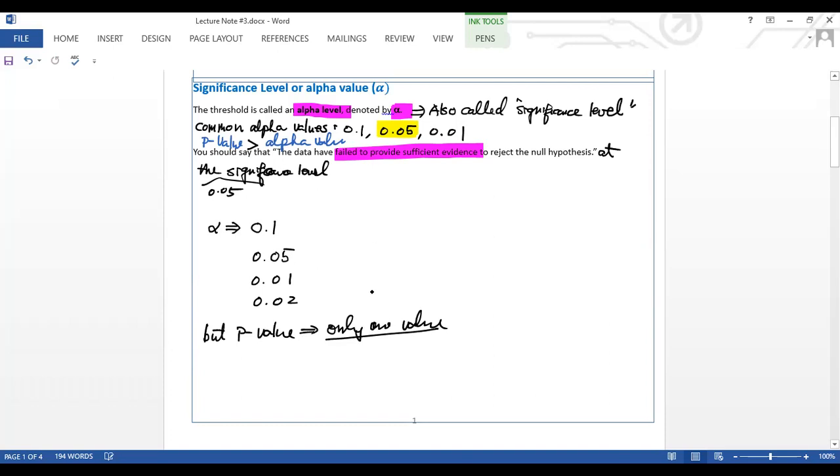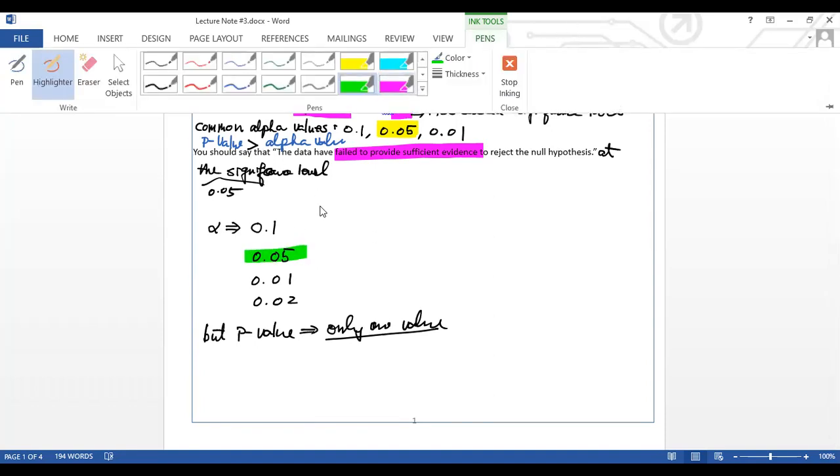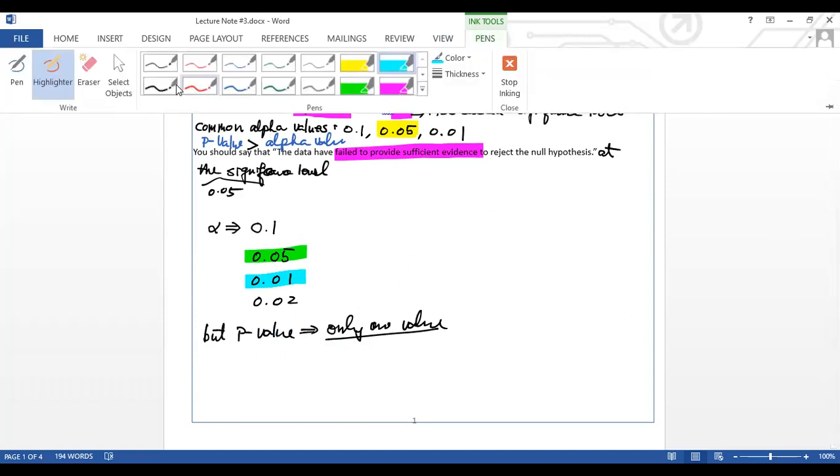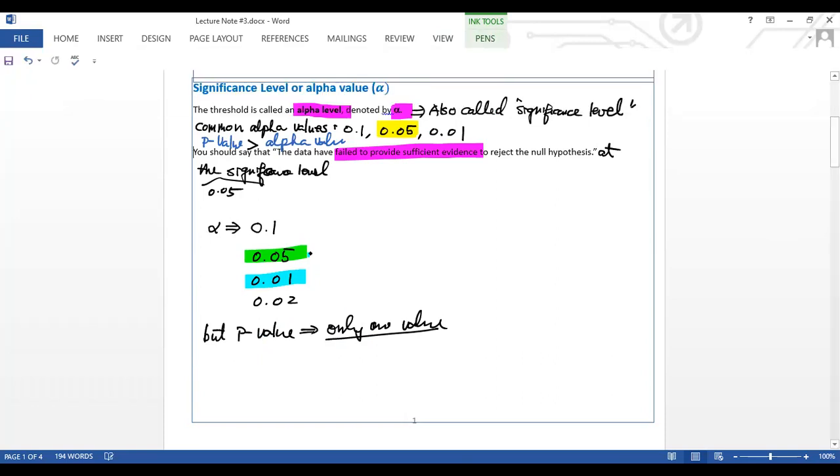So it doesn't matter, because if I do the test, and John chooses 0.05 and Mary chooses 0.01, then sometimes you will fail to reject at 0.05 but reject the null hypothesis at 0.01, depending on who chose what.